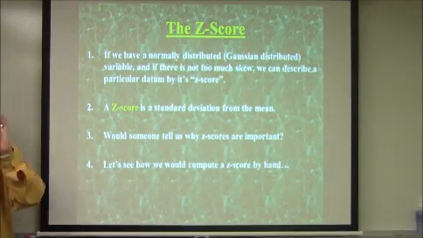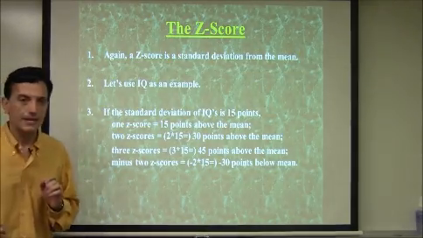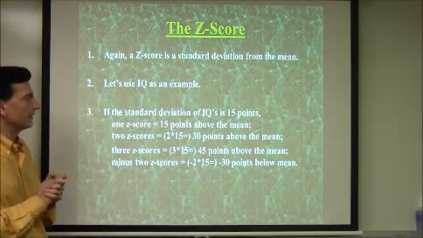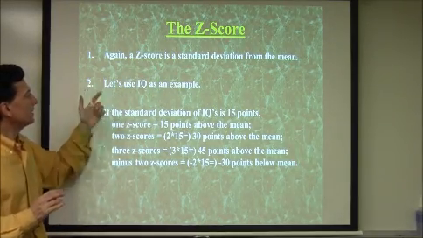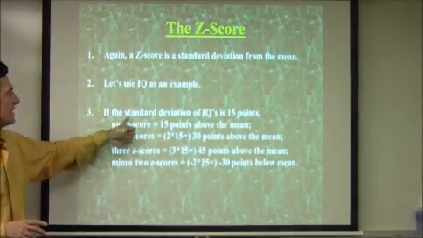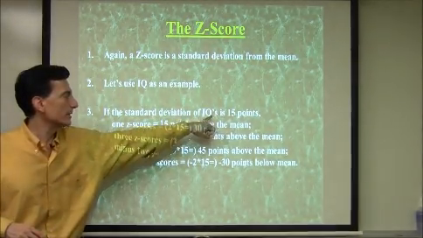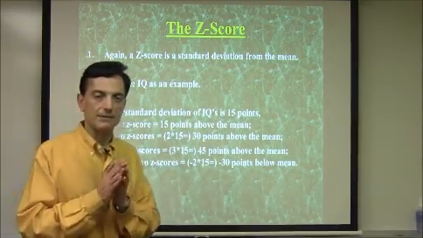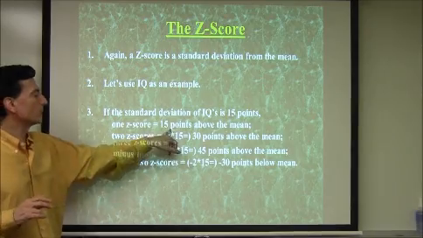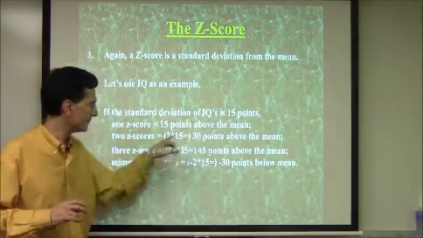Okay, let's see if we can learn how to compute by hand a z-score. A z-score, again, is simply a standard deviation from a mean, and we'll see if we can use IQ as a simple example. So if the standard deviation of the IQ score is 15 points, and you might remember that the mean was 100, then one z-score would correspond to 15 points above the mean.